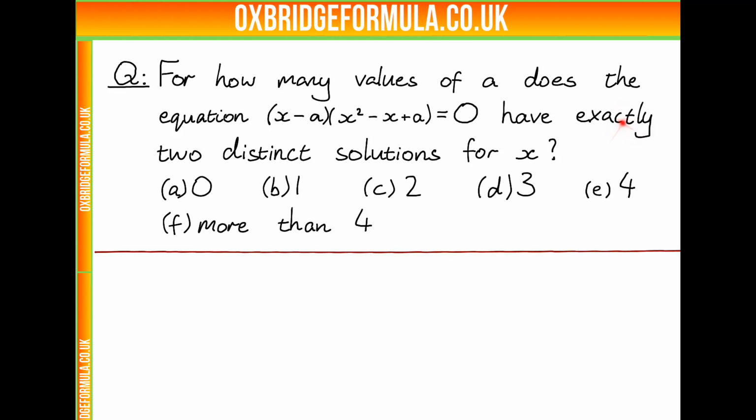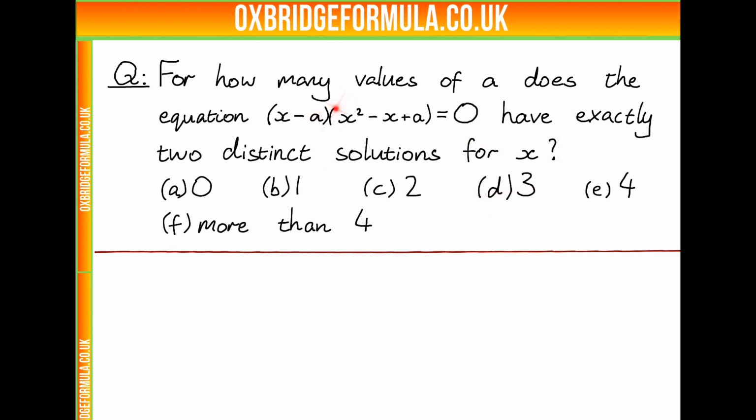So in order for there to be exactly two distinct solutions for x, two of these three solutions need to be the same. So a is already one of the solutions, so if the quadratic x squared minus x plus a has a root which is different from a and is repeated, then we will have the solutions be x equals a and x equals this other root and no other solutions, so we would have exactly two distinct solutions.